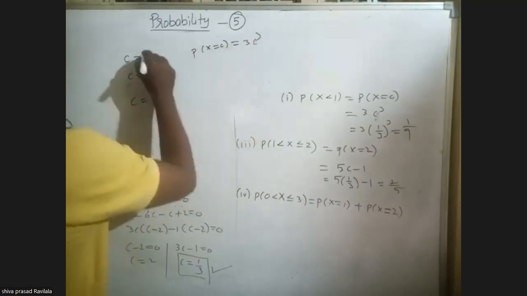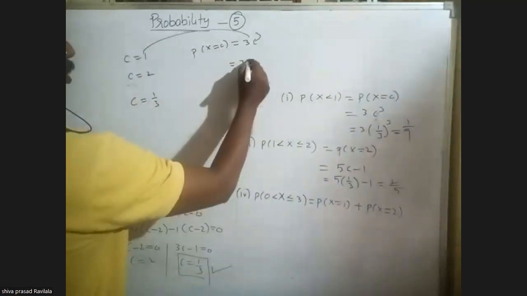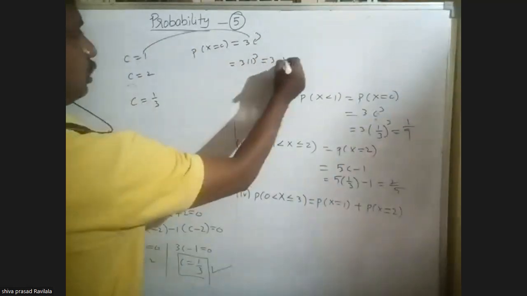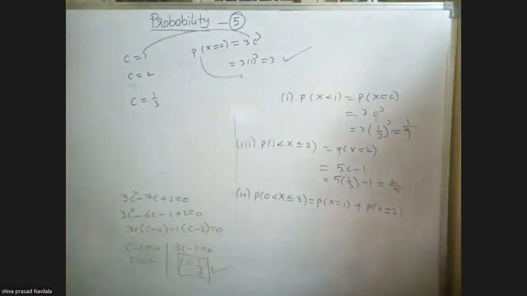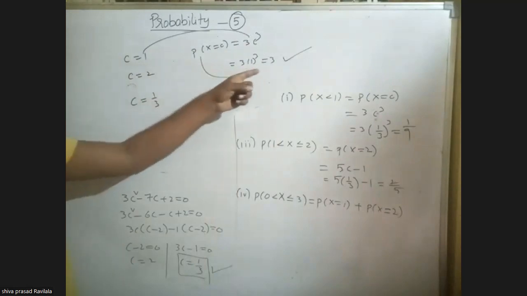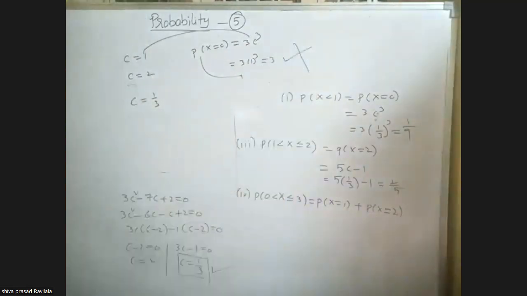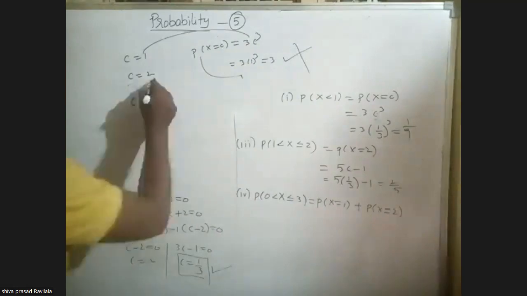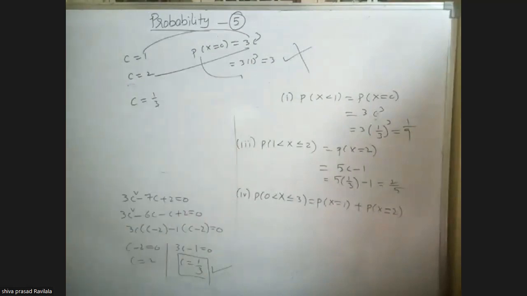When you take c is equal to 1, what will happen? 3 into 1 cube, that is 3. It exists for real numbers, not in probability. Probability 3 is not possible. Probability always lies between 0 and 1, including 0 and 1. And c is equal to 2 is also the same case, 3 into 2 cube, not possible.